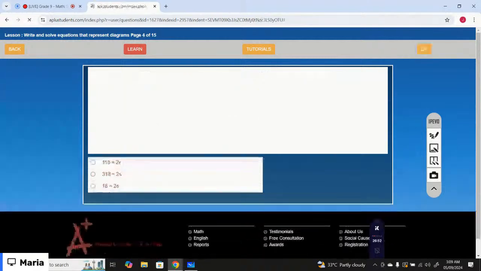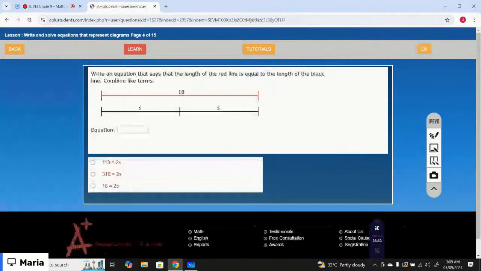Okay, the next one is write an equation that says the length of the red line is equal to the length of the black line. So which is the correct option?